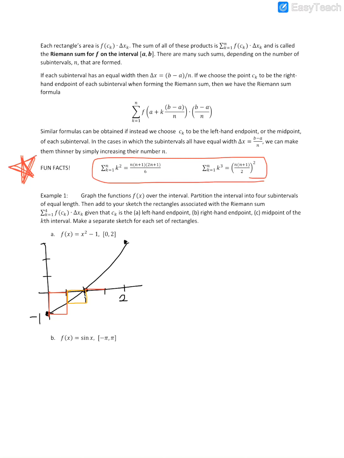The height is 0, because I'm already touching the graph. All right, and then the last one, here it is. Start at the left, go up to the graph, and make my rectangle. All right, next we're going to do the same thing. This was my left-hand endpoint. Next we're going to do right-hand endpoint.